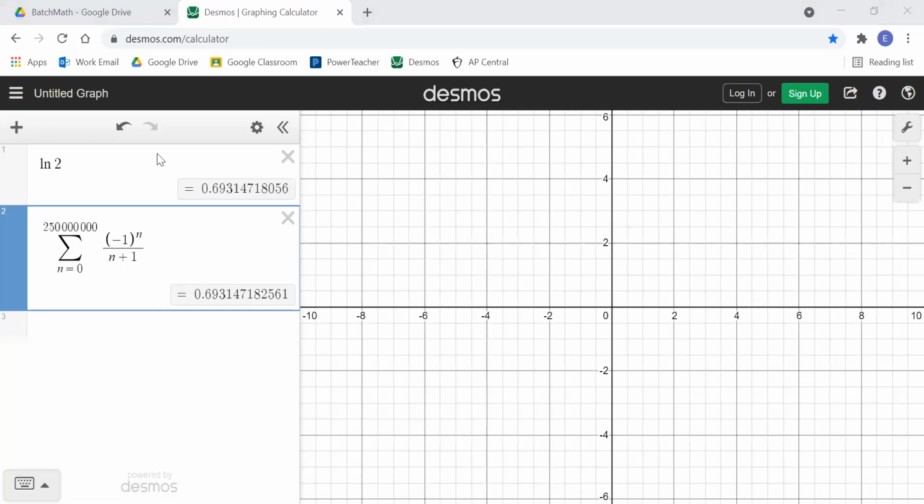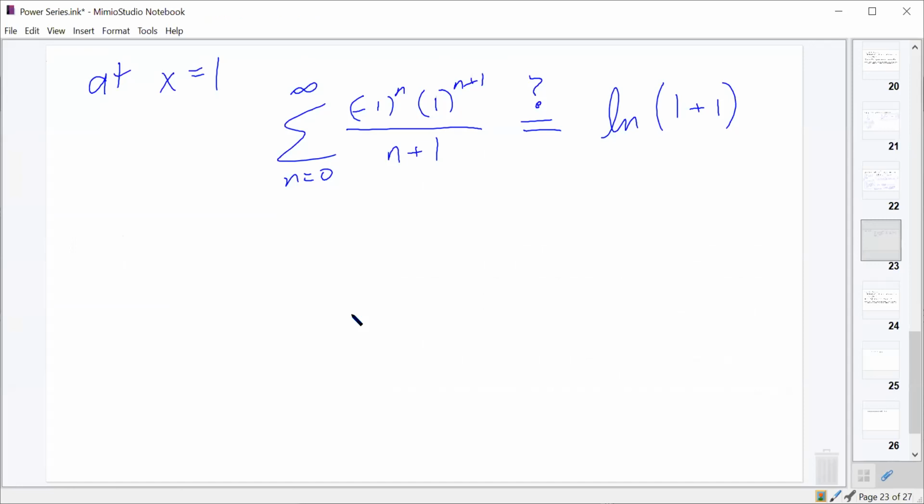Now, obviously, this is not an exact way to figure this out. We really do need some other rules to figure it out. We'll have a rule to prove why this is true. But I can tell you that it does converge at x equals 1.